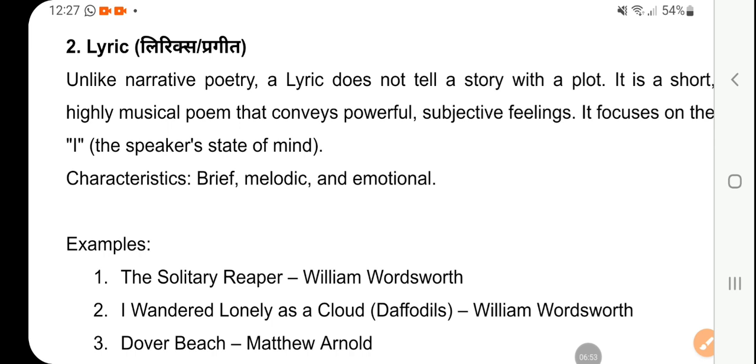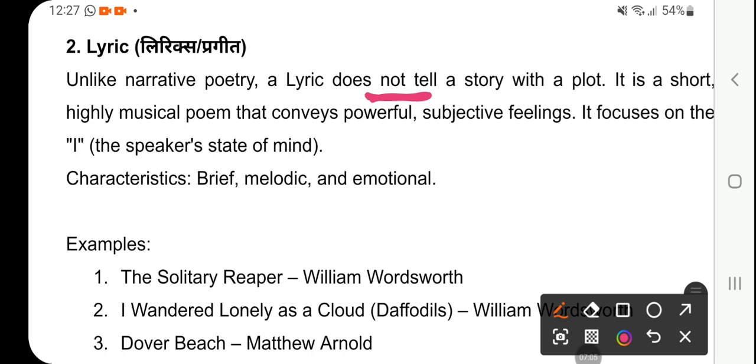What is lyric? Unlike narrative poetry, a lyric does not tell a story with a plot. It is a short, highly musical poem, right? Highly musical poem that conveys powerful subjective feelings.